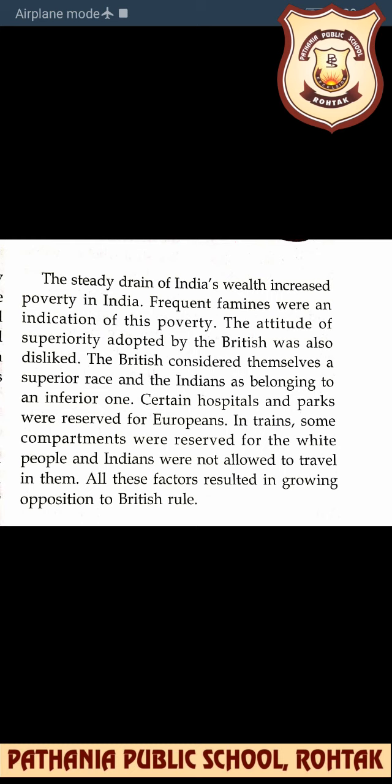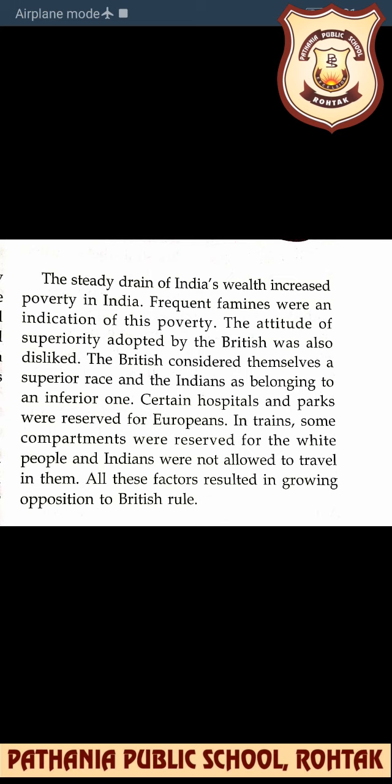The British considered themselves a superior race and the Indians as belonging to an inferior one. Certain hospitals and parks were reserved for Europeans. In trains, some compartments were reserved for white people, and Indians were not allowed to travel in them. All these factors resulted in growing opposition to British rule.